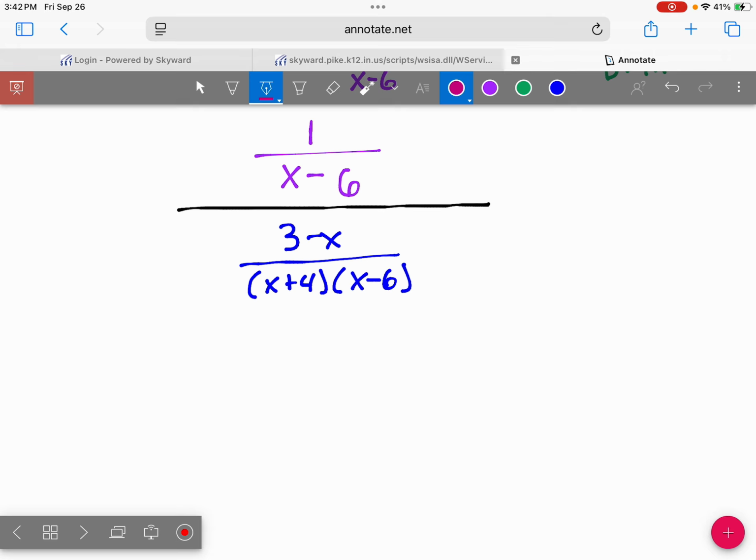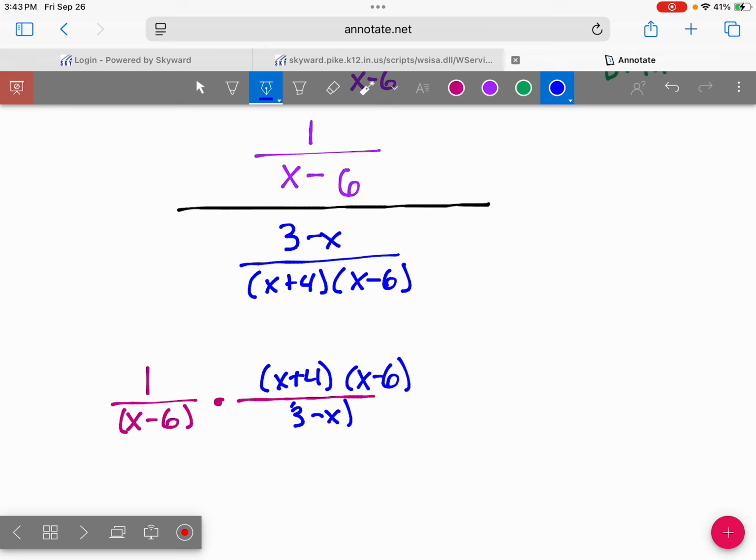So we're going to have 1 over x minus 6 times, keeping, changing the sign, and I'm going to flip this guy upside down. So we're going to have our x plus 4, our x minus 6, and our 3 minus x in the denominator here.